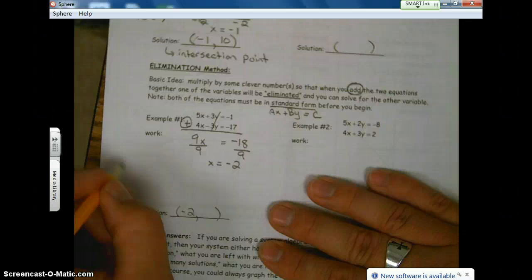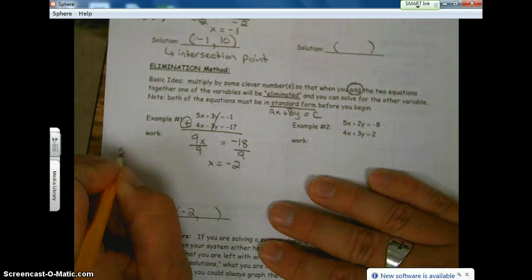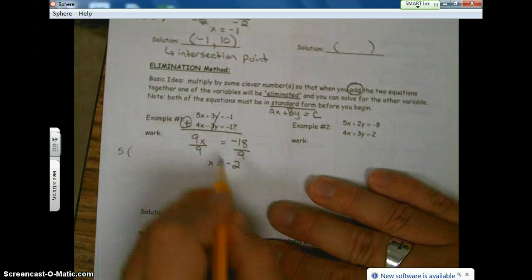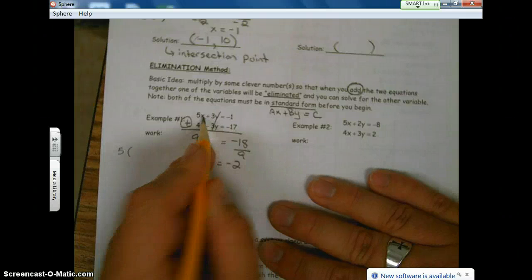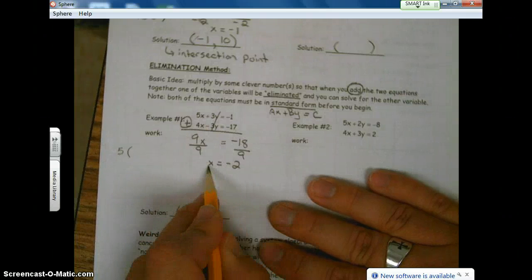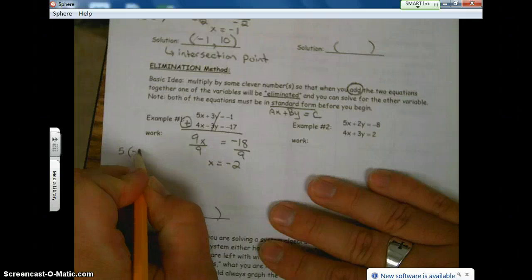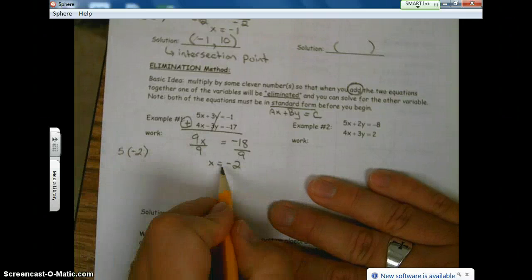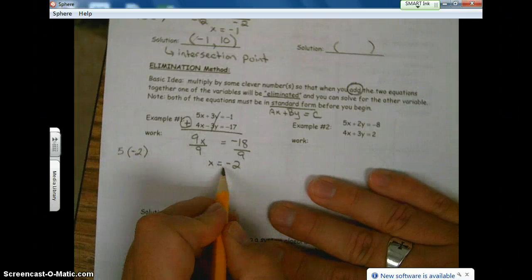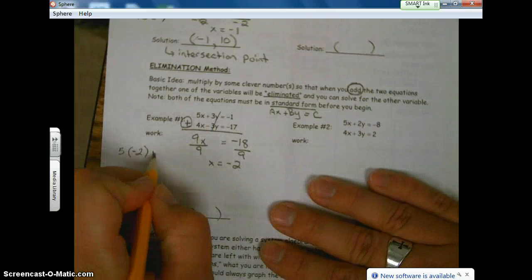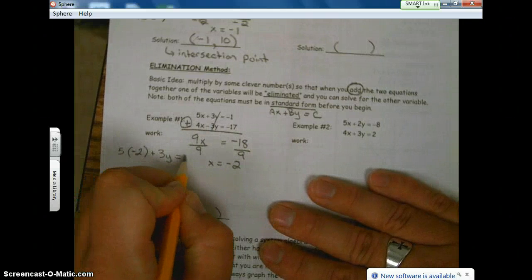Has less negatives. So we have 5 times, now x, remember what's the same as x? Well, negative 2 is the same as x. So I can plug a negative 2 in. Remember, equal means same. Plus 3y equals negative 1.